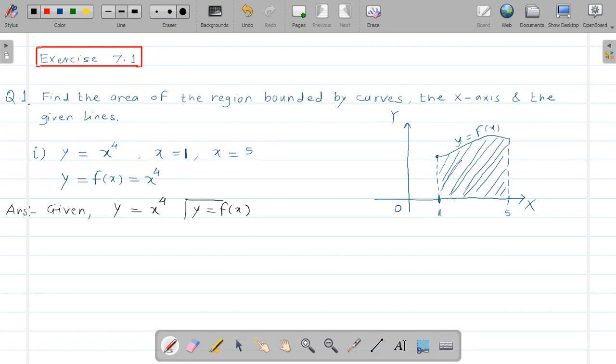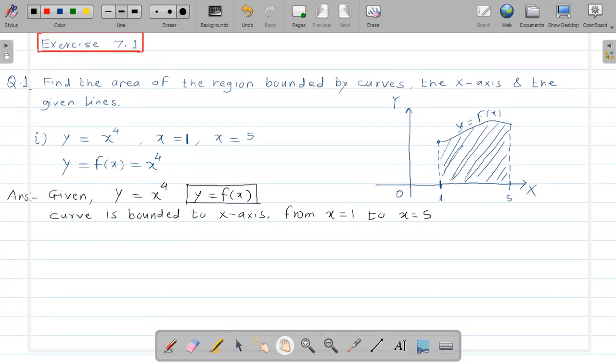See here, y is equal to f of x and the given curve is bounded by the x axis from x is equal to 1 to x is equal to 5. So this detailed information is given to you.